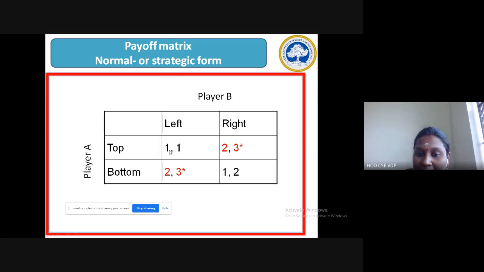Comparing for player A, of 1 and 2, 2 is greater than 1. And you can also see that this 3 is greater than this particular one, that is for player B. Similarly, this 2 is greater than the other, and this 3 is greater than player B's right strategy. So in this case, I'm going to call this the Nash equilibrium. So a simple problem has two Nash equilibria in this given case.